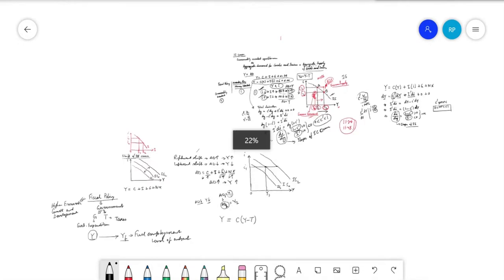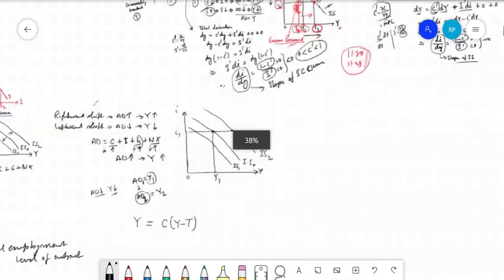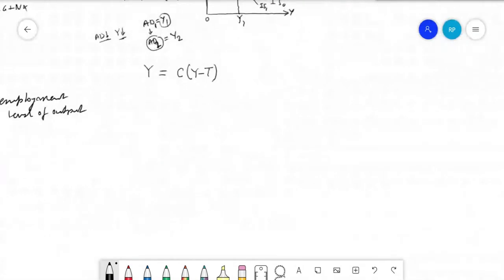And Y minus T, as I already discussed with you, is known as the disposable income.